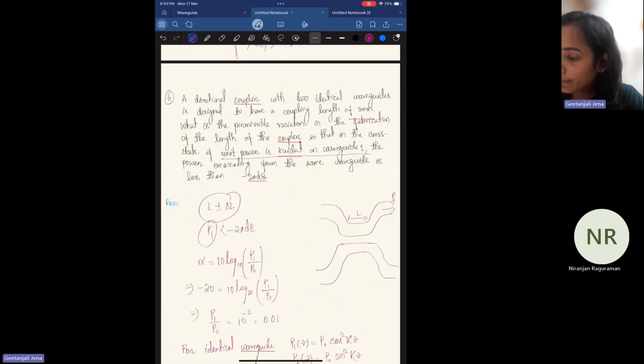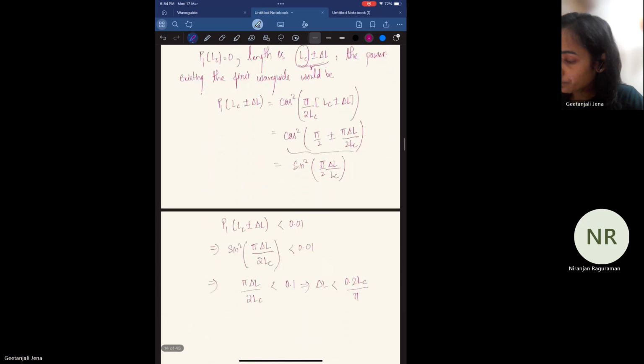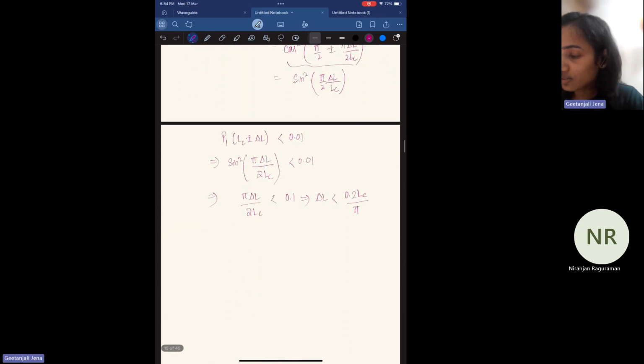And LC is already given in the question. Yes, it says a directional coupler with two identical waveguides is designed to have a coupling length of 2 mm. So LC is 2 mm.